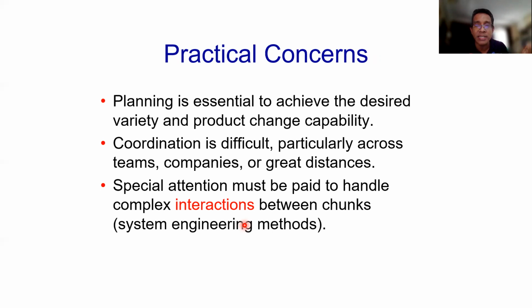After we make a schematic design, we do clustering, we create a rough geometric concept, and then we identify the fundamental interaction or incidental interaction. So that is what we do. Planning, coordination, and special attention are very important during this practical part.